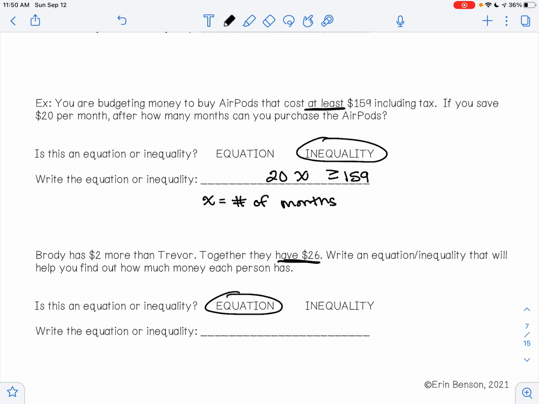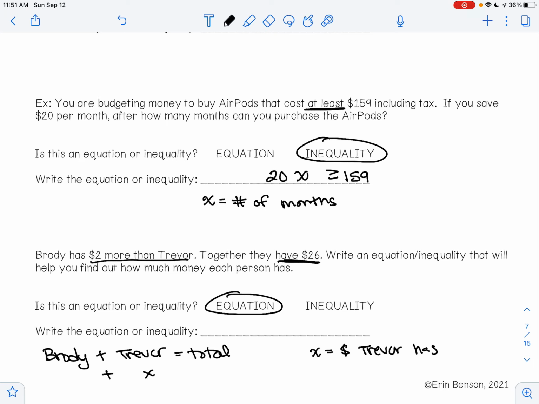So the amount that Brody has plus the amount that Trevor has is going to equal my total. I don't know how much Trevor has, so I'm going to let X represent the amount of money that Trevor has. Brody has $2 more than Trevor, so I'll take Trevor's amount and I'll add 2.